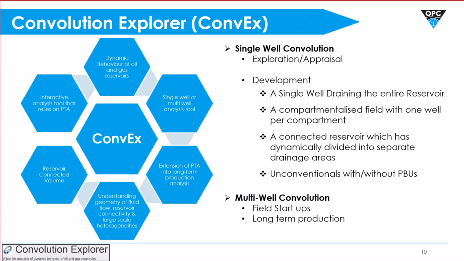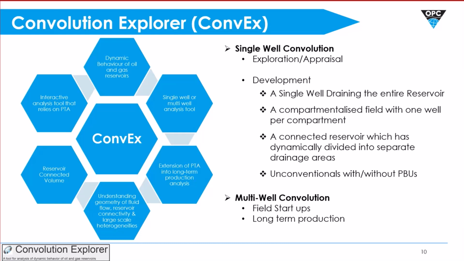That's where I bring you to Convolution Explorer, or ConvEx for short. So this is an interactive analysis tool that relies on pressure transient analysis. It's the dynamic behavior of oil and gas reservoirs. It can be done on a single well or a multi-well basis. And it's really the extension of PTA into long-term production analysis.